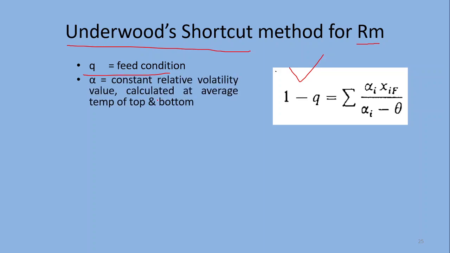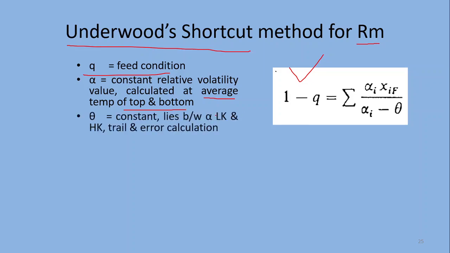What about alpha? Alpha is the relative volatility, but how can we calculate it? Alpha can be calculated at the average temperature of top and bottom. The top temperature is the dew point and the bottom temperature is the boil point, so we take the average of these two values, and at that average we find Ka, Kb, Kc, Kd, and then we find alpha. xiF has a summation over the 4 components: xA, xB, xC, xD.